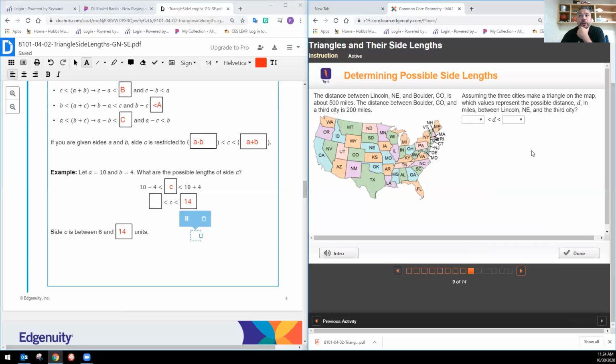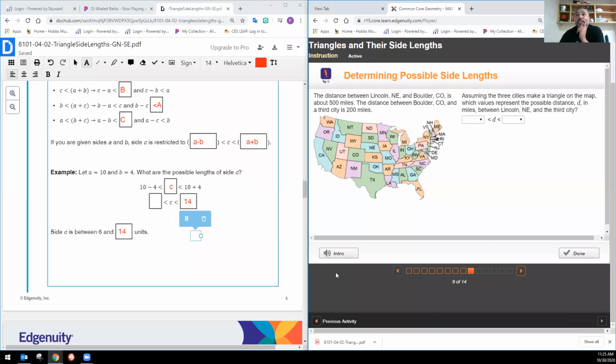Okay, so assuming the three cities make a triangle, so Lincoln and Boulder, Colorado. Okay, so Lincoln and Boulder are 500 miles away. The distance between Boulder and the third city is 200 miles. So this is the main line here, so I'll go ahead and annotate that one real quick.